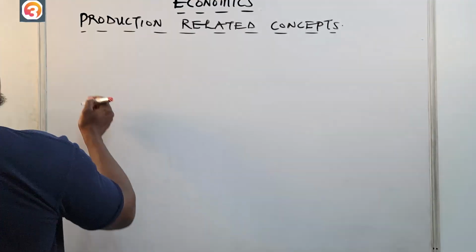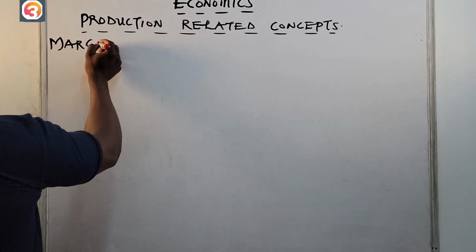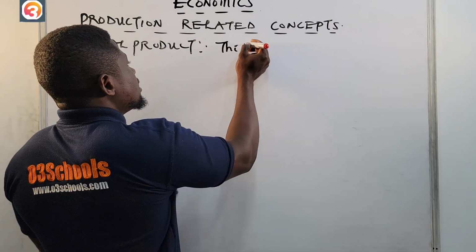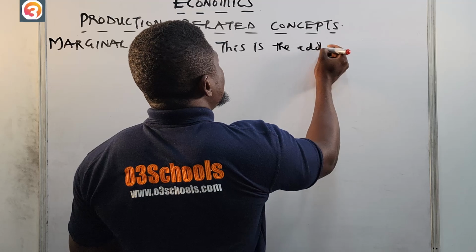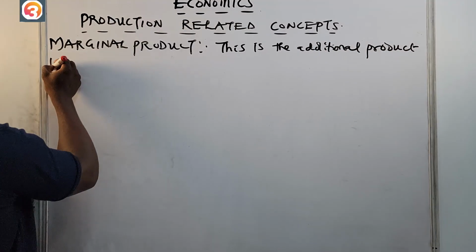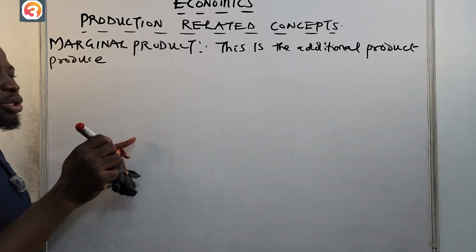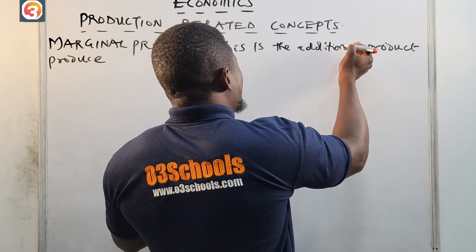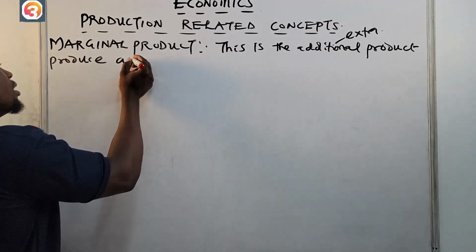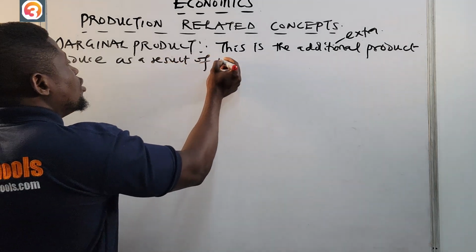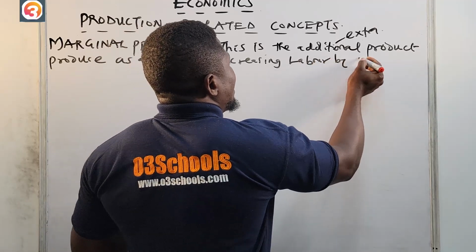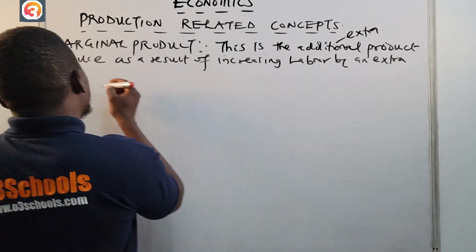So let us see it in definition. Marginal product is the additional, or extra, product produced as a result of increasing labor by an extra unit.